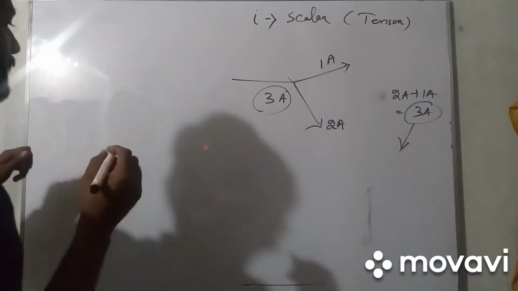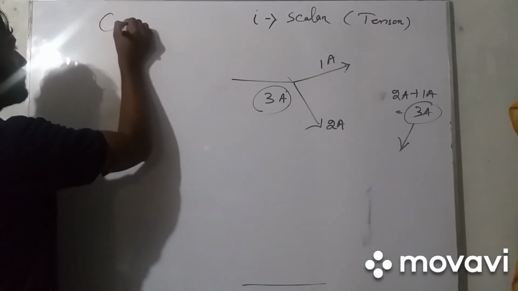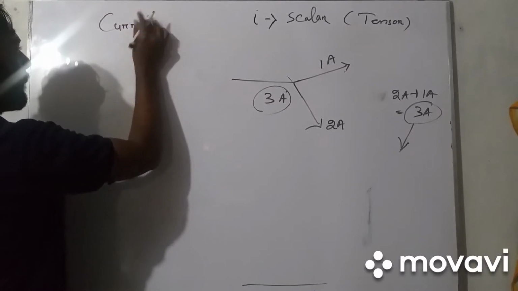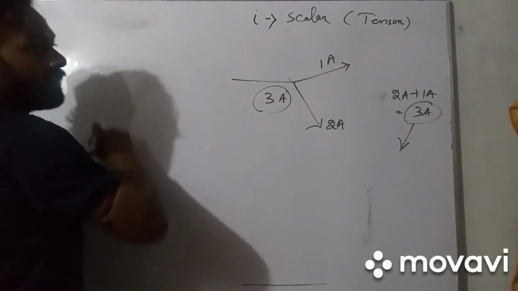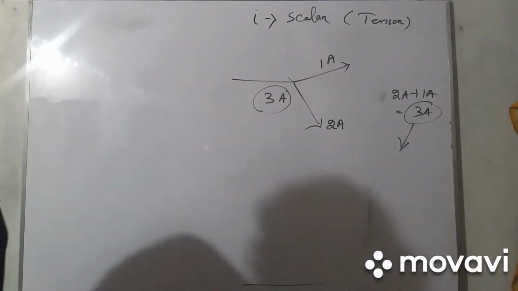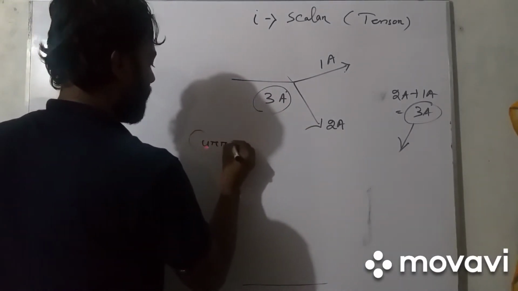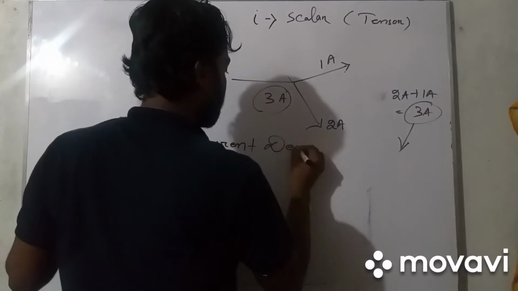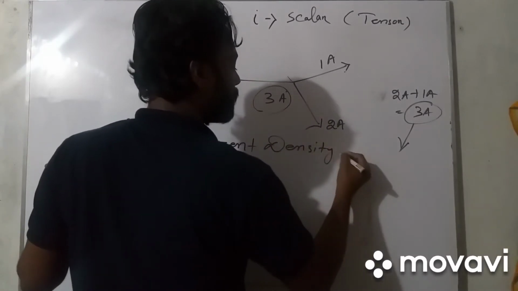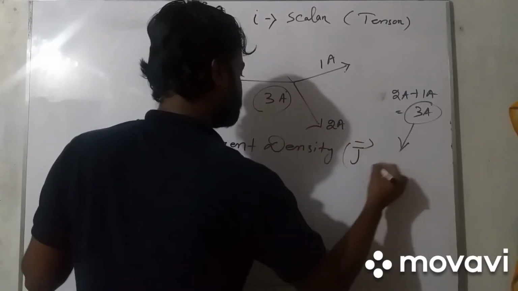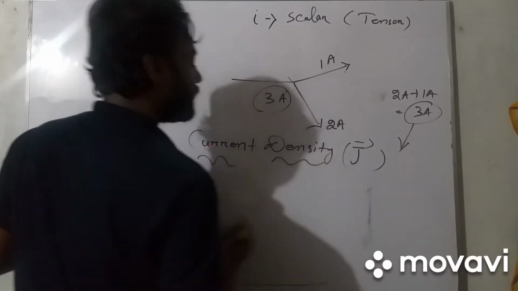Now, another thing depends upon current. That is represented as current density. What is current density? It is denoted by J. Current density means what?